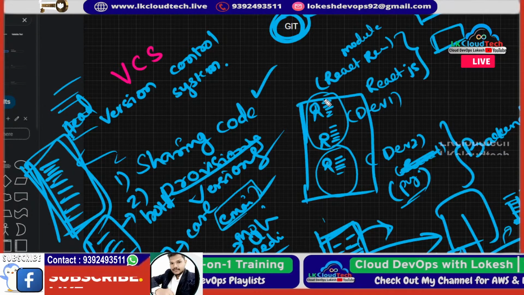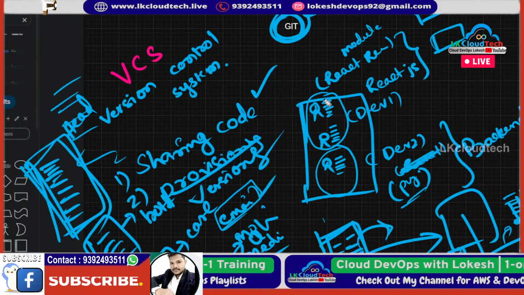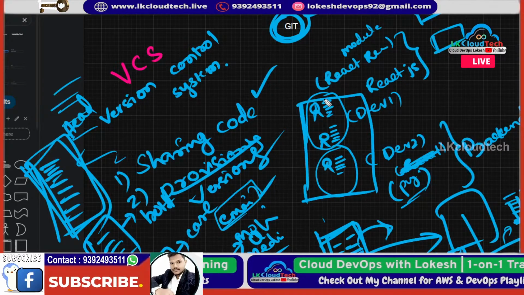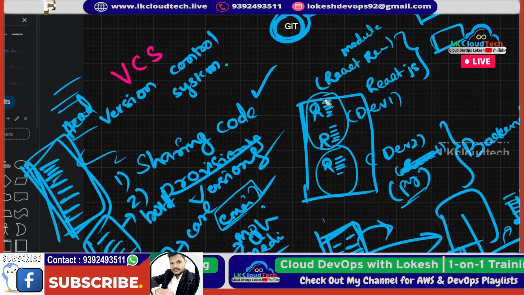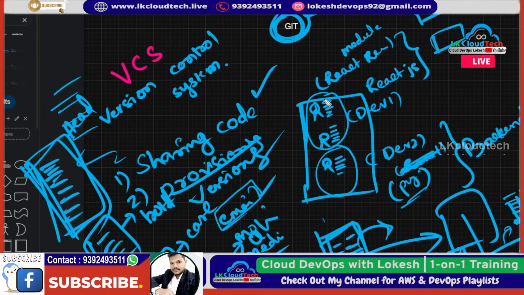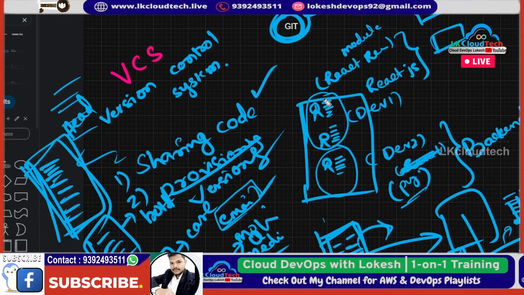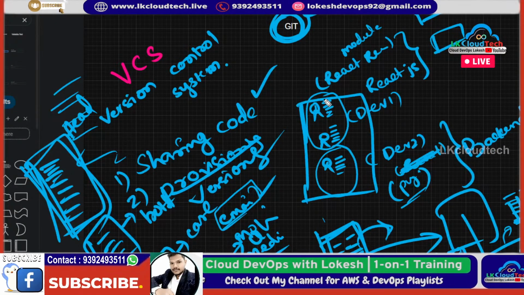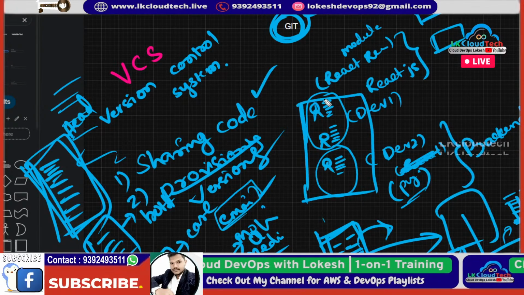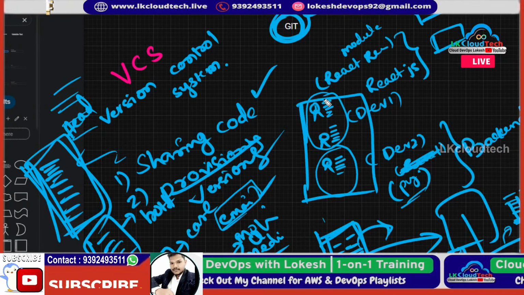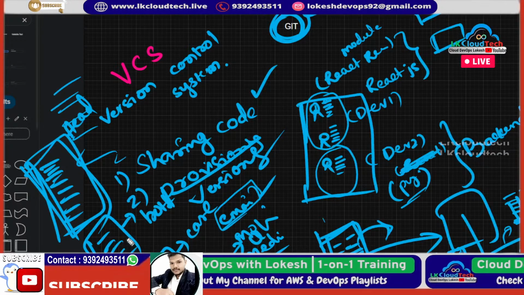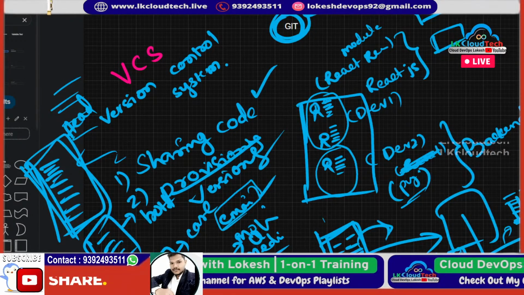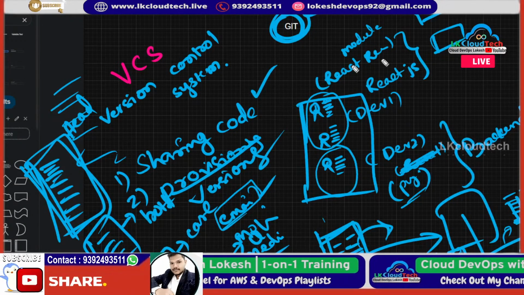Let's say dev 1 is writing code for front end application functionality. Whenever he starts writing code, he's adding some code, and they want to push it and keep it in one particular place, to share together.